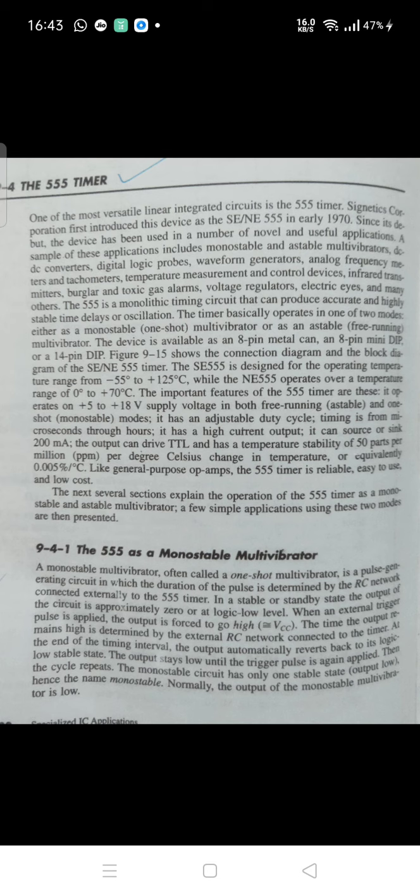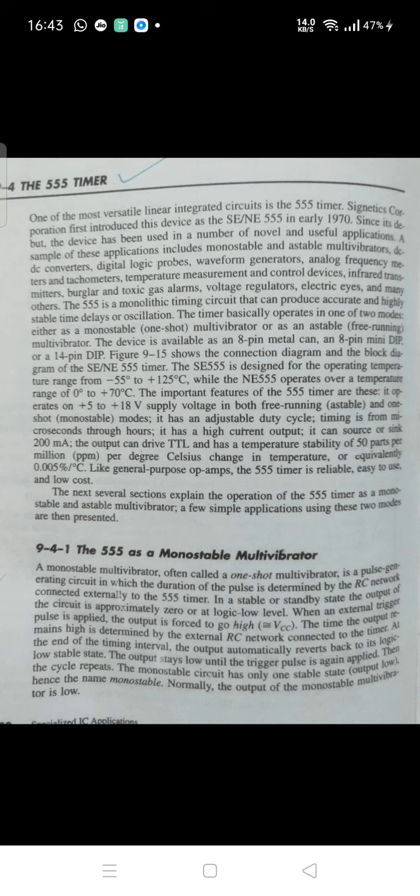So good morning students. Now we'll start with another article from this multivibrator, that is the 555 timer. This is one of the most versatile linear integrated circuits. Signetics Corporation first introduced this device as the SE/NE 555 in the early 1970s.